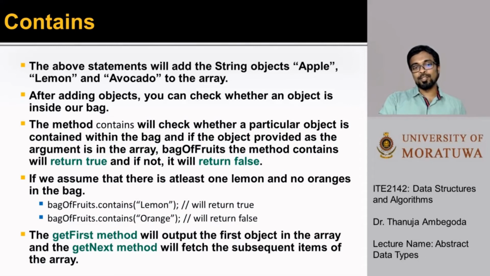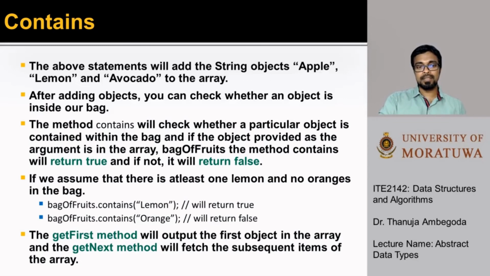So once you have added some objects, you can check whether an object is inside your bag. You should remember the method contains will check whether a particular object is contained within the bag. So if you call bagOfFruits.contains lemon, since we already added the lemon, it should return true.